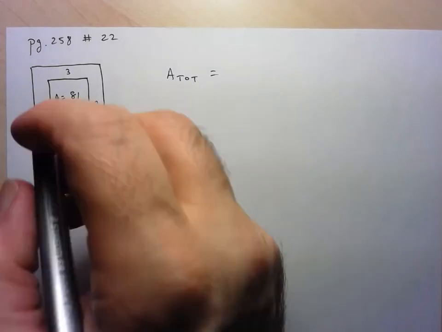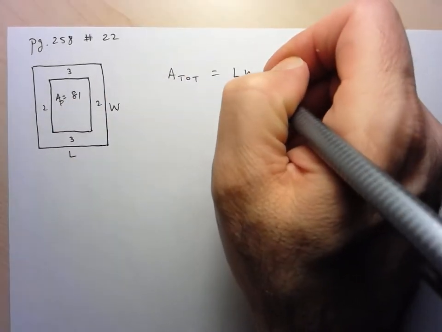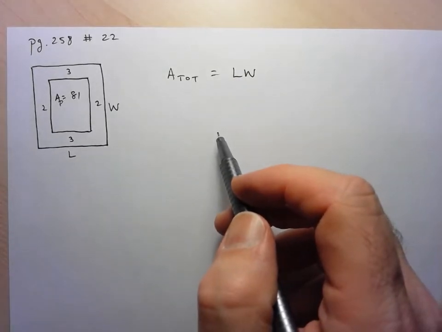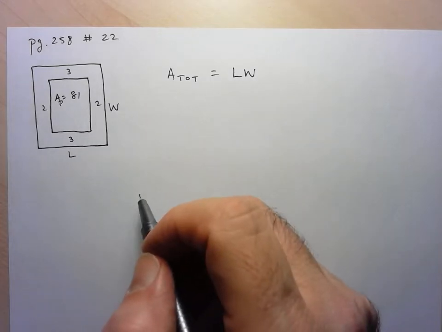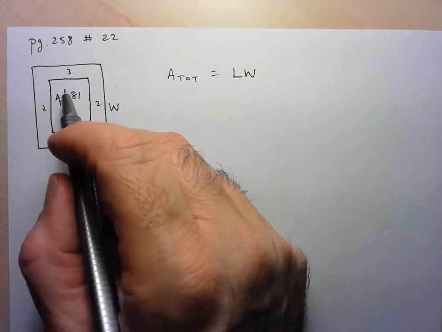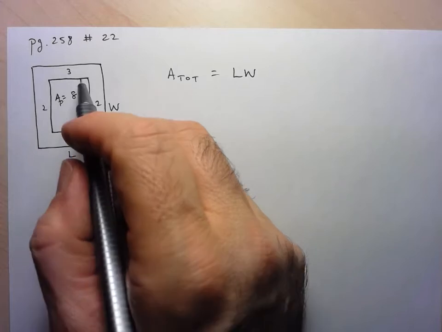Okay, and of course area is length times width for a rectangle, so LW, and we have the usual problem that we've got two variables here, so we need to write in terms of one. Now what I have information about is the area of the printed part. So I'm going to give dimensions to this rectangle here.